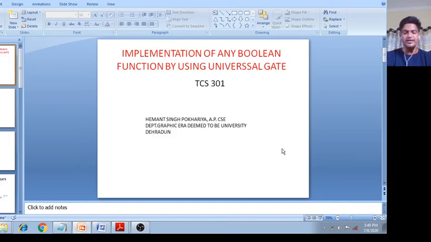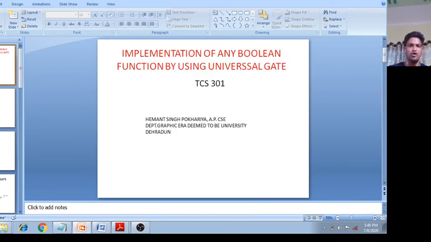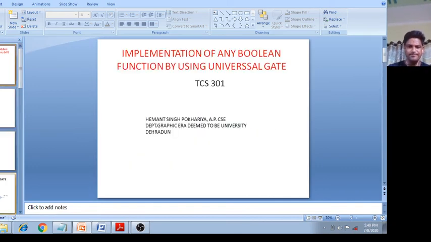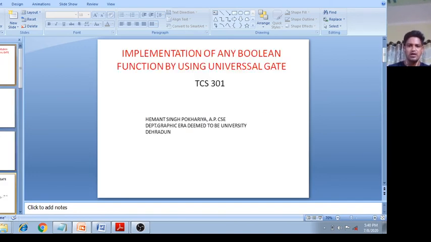Dual of NAND is NOR gate, so you can replace this NAND gate by NOR gate. Okay, so again only 4 gates are required to implement this.